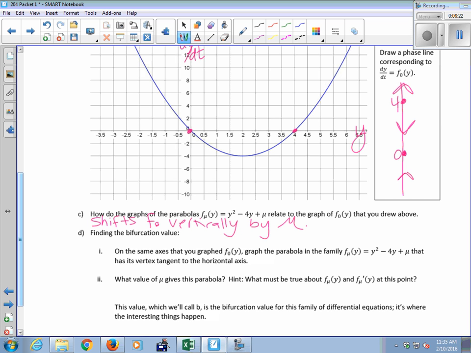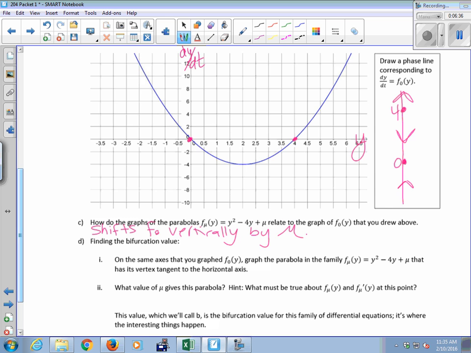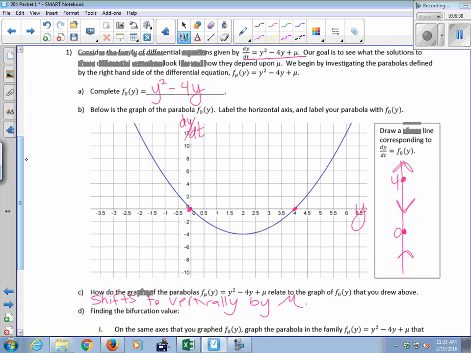All right, so I want to find the important mu's, the mu's where all of a sudden the graph is qualitatively really different. If I graphed f sub 1, that means making mu 1.